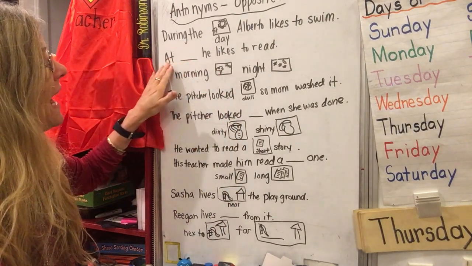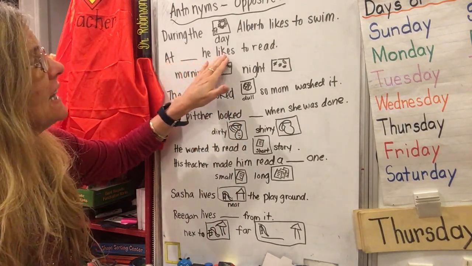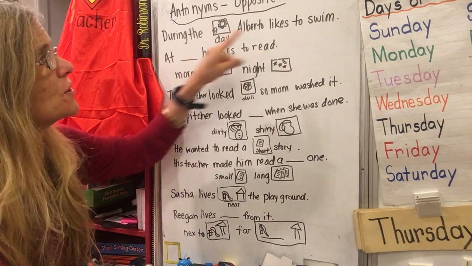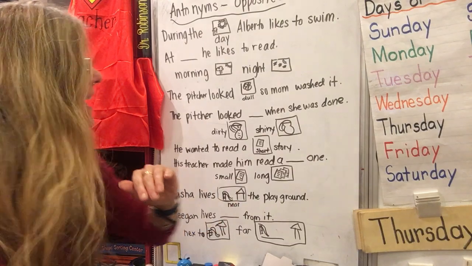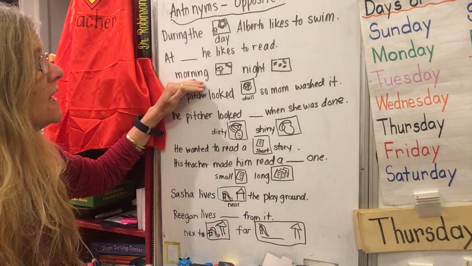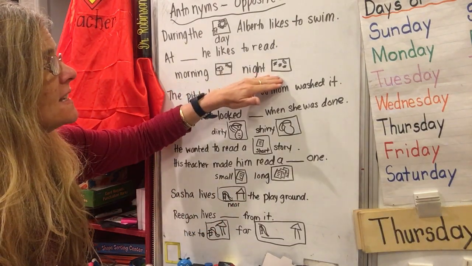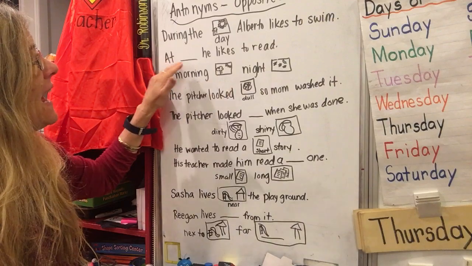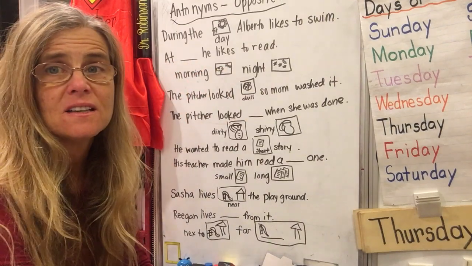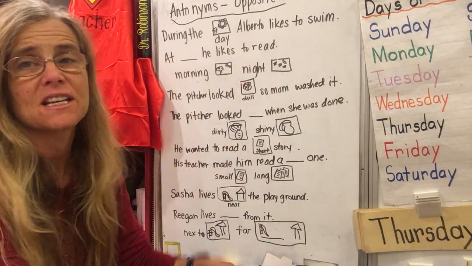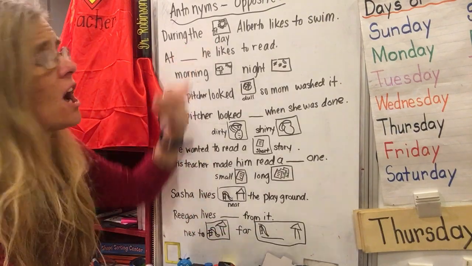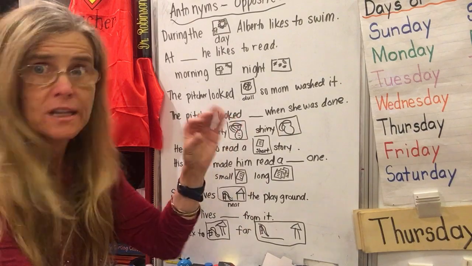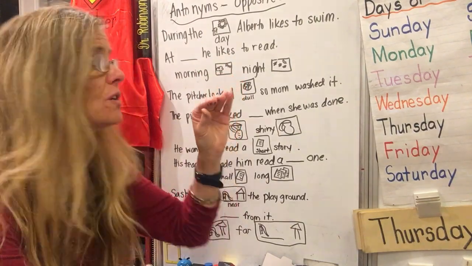Now here's the blank. At blank, he likes to read. So if during the day he likes to swim, what's the opposite of the day? Is it the morning or is it the night? At morning, he likes to read. At night, he likes to read. We don't really talk like at morning, and morning is not an opposite of day. Morning is part of the day.